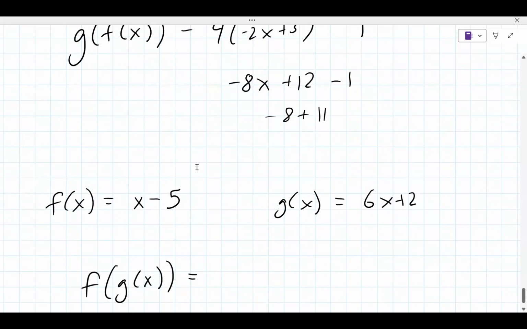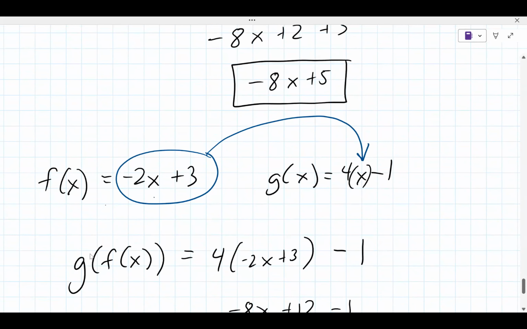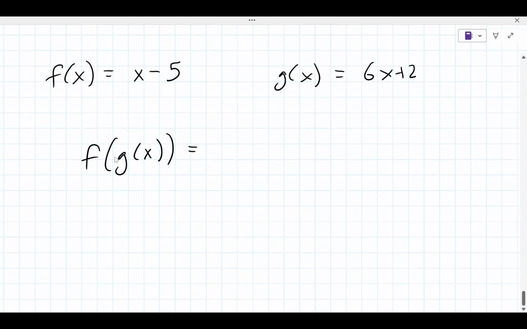No, no, no. This is just like we did in the previous problems. This is composition. What is the inside function? g of x. You're taking this g of x and you're putting it in for x. So it becomes 6x plus 2 minus 5, minus 3.